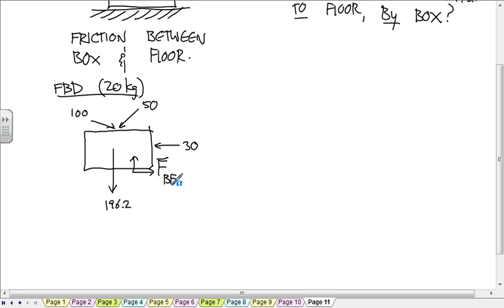Now we can go to Newton's second law, but we have to first express these in component form, because all the Newton's laws are going to be in terms of vector components.